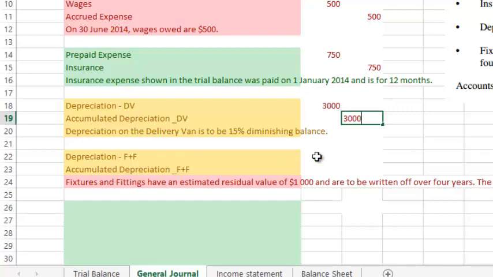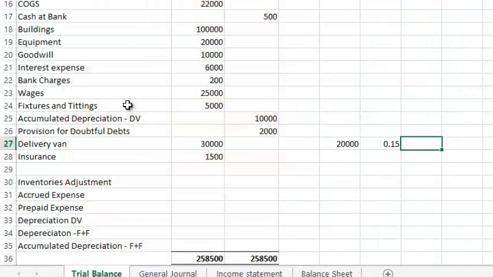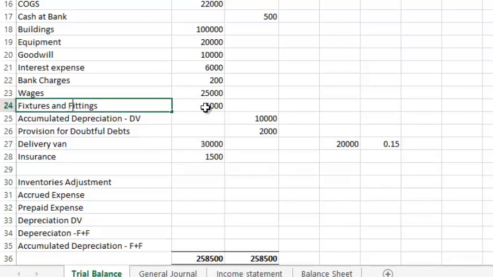Now for fixtures and fittings we have to do another depreciation entry, but this time because we've been given the residual value, that gives us a clue that we have to use a straight line method. I have to find out what the fixtures and fittings cost value is. I need to refer to the trial balance. Up here we will see that fixtures and fittings is $5,000.